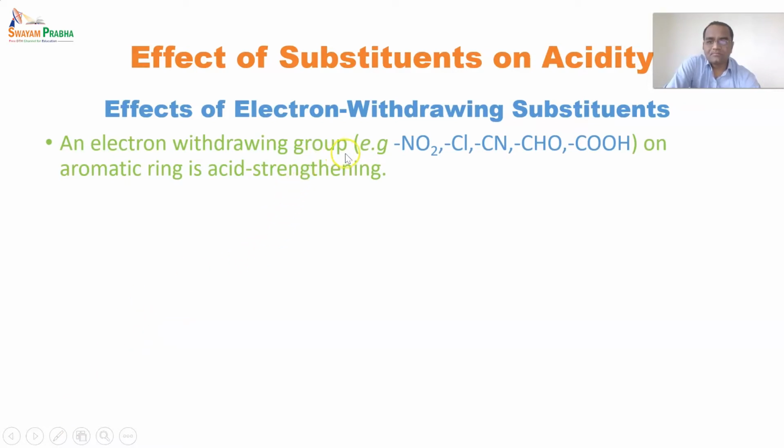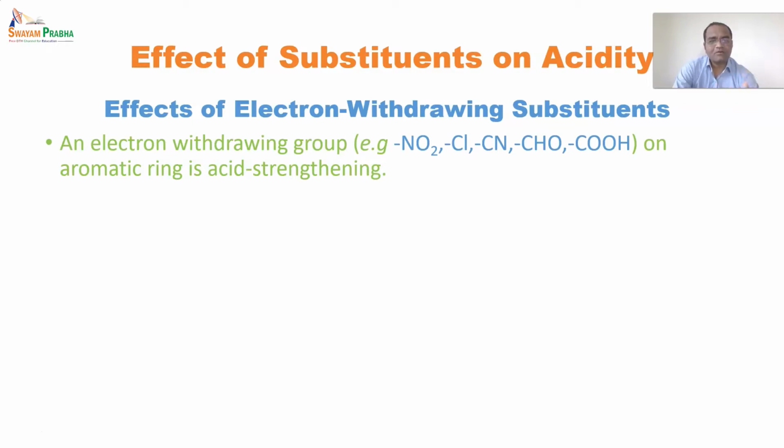An electron withdrawing group on an aromatic ring increases the acid strength, and groups such as nitro, chloro, cyano, aldehyde and carboxylic acid are some electron withdrawing groups. It is due to the fact that whenever the negative charge on a ring increases, the acidic strength decreases, and whenever the positive charge on a ring increases, the acid strength increases. The same thing happens here because these are electron withdrawing substituents.